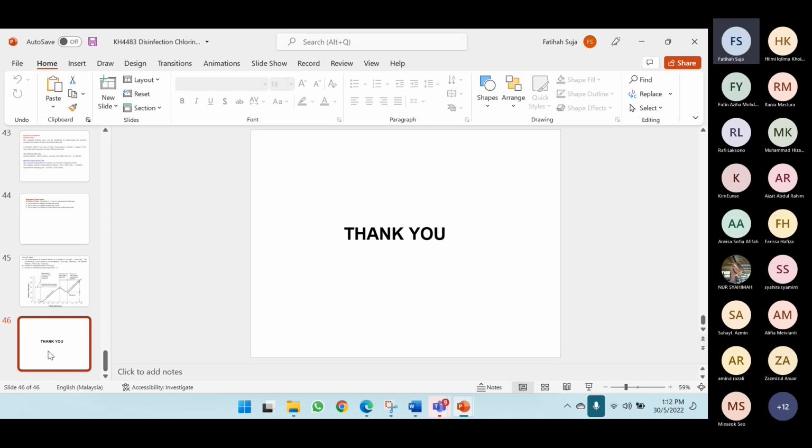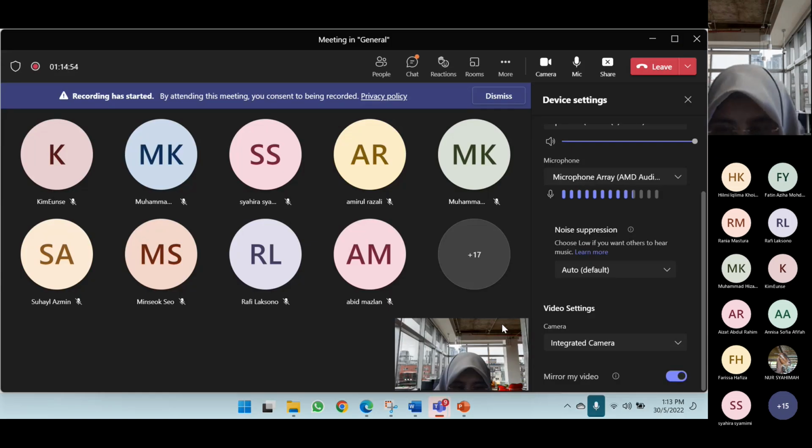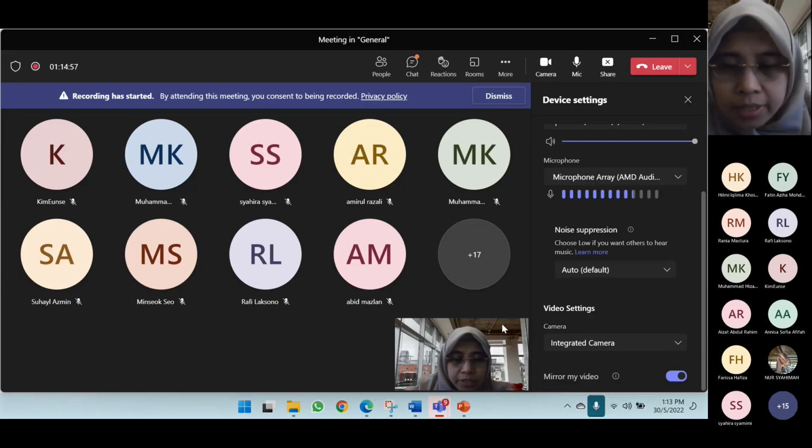Okay, I think that's all for disinfection and chlorination that you need to know, for your knowledge, and also for you to be able to complete the design of your water treatment plant. So I think many of you will have to use this unit for your water treatment plant. Any questions from you all students? Any questions that you don't understand? Because almost all of you need to use this unit operation.